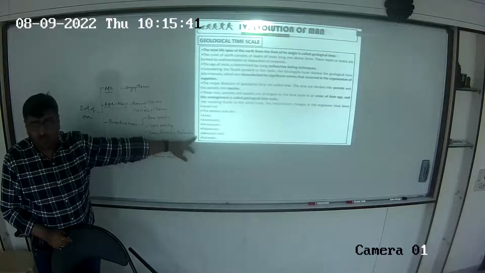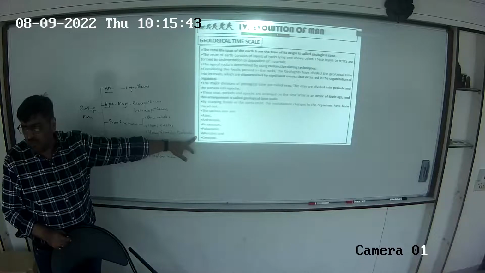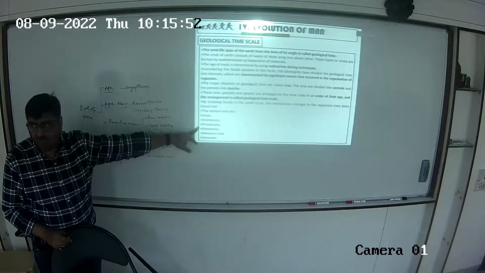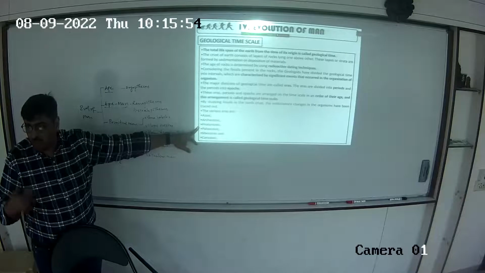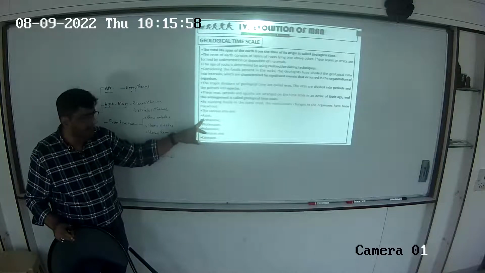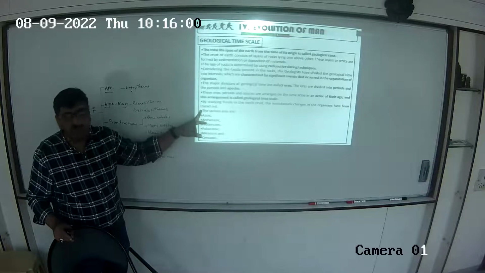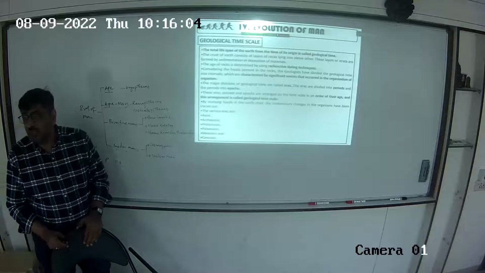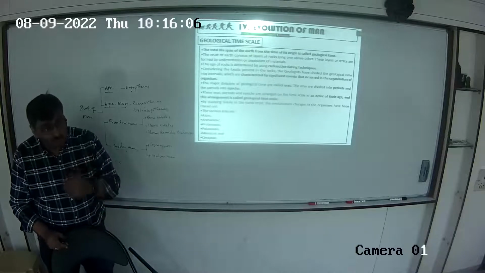Now if you look at the 7.9 diagram, there are only 3 eras mentioned. From top to bottom, Cenozoic, Mesozoic and Paleozoic. So you know how to write the sequence. Below Paleozoic you just mention Protero, below Protero mention Archeo and below Archeo mention Azoic. So the eras will be read from down to up.